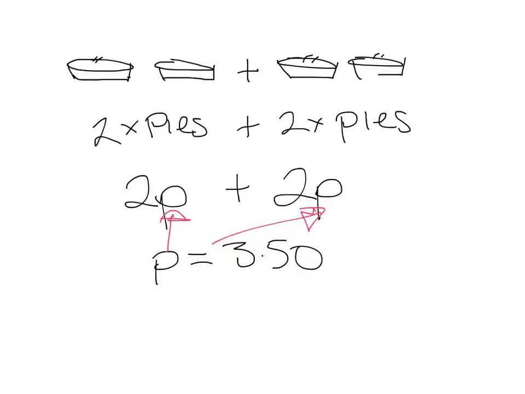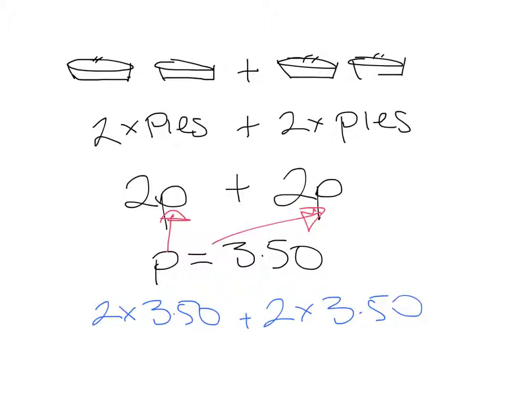This becomes, once again, 2 by $3.50 plus 2 by $3.50. We do each side of the equation, or 2 by $3.50 is 7, plus 7 equals 14. If we're talking in dollars, of course, we'd need $14 to buy our pies.